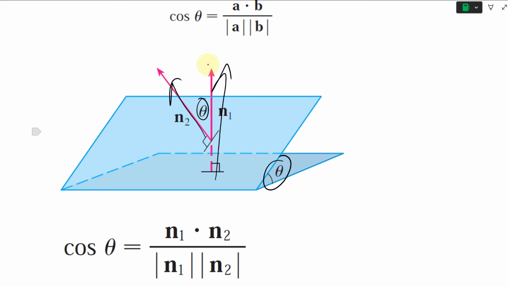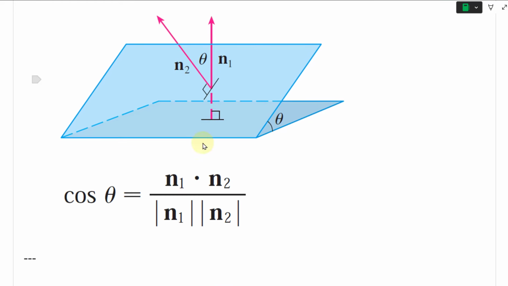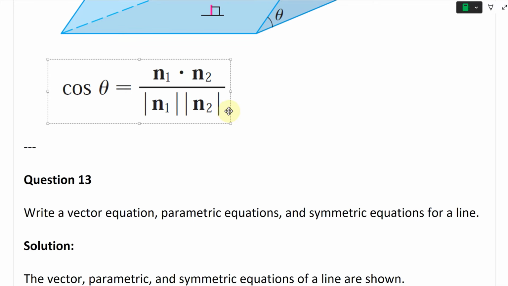You can think of this here as you flatten this, all normal vectors are going to be exactly in line. But then as you open it up, the angles open up exactly the same. And then basically this is just calculating the angle between the two vectors using this dot product formula. So instead of A dot B, we use normal vector n1 dot n2 and then divide by the lengths of n1 and n2.